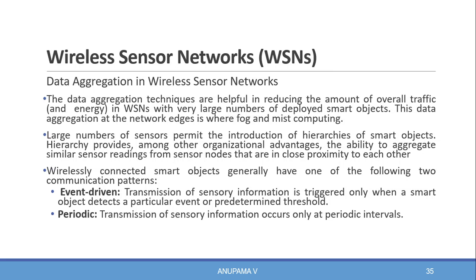If a large number of sensors are used in a smart object, then these sensors are arranged hierarchically. The readings from the sensors arranged in a hierarchy which are nearby situated are aggregated.